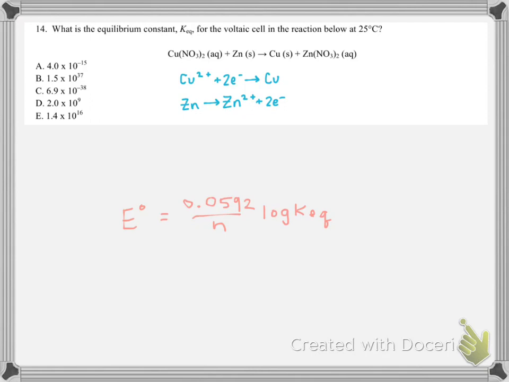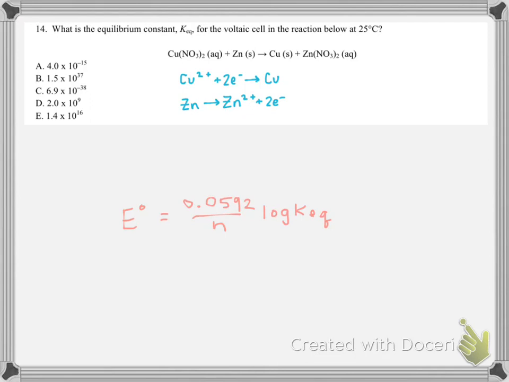And so here I've split the reaction into its two half reactions. So I've dissociated the nitrate away as a spectator. So we have copper 2+ gaining 2 electrons to become copper solid. And we have zinc being oxidized to become zinc 2+, and giving off 2 electrons.